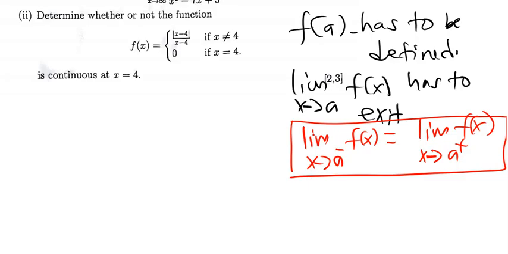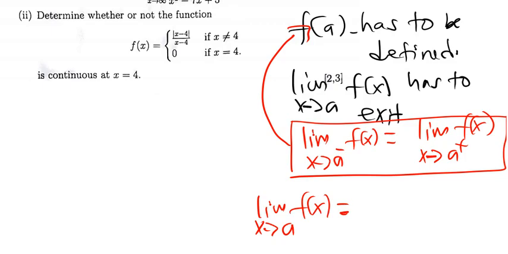If the limit exists, check, is it the same as f of a? If they're the same, then the limit as x is approaching a in general of f of x is equal to f of a. Therefore, the function is continuous at that point.